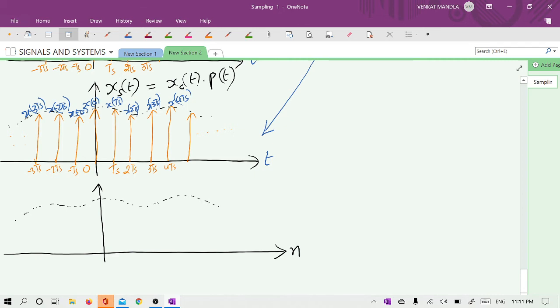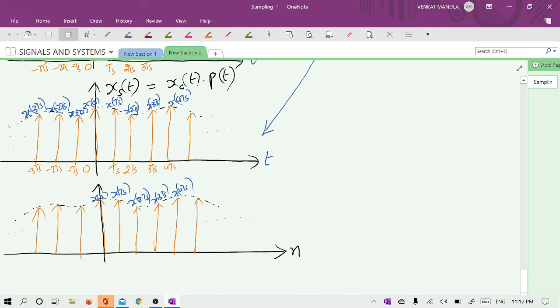This is n. What do I do? These are the samples I have, and the sample values are x of ts, x of 2ts, x of 3ts, x of 4ts, and so on.